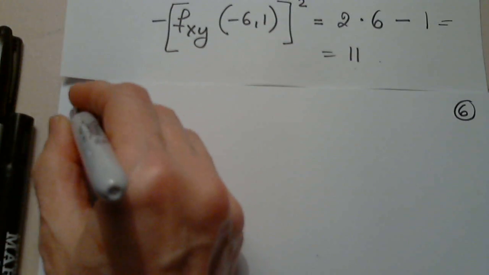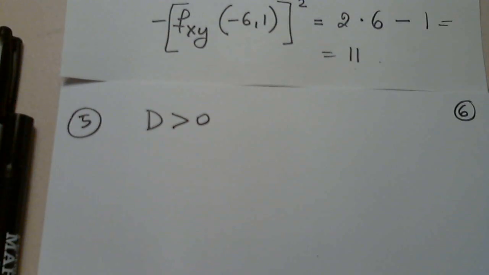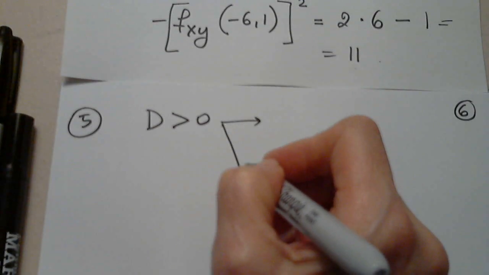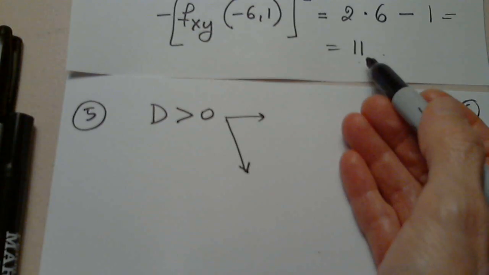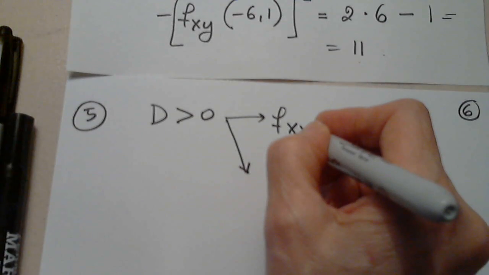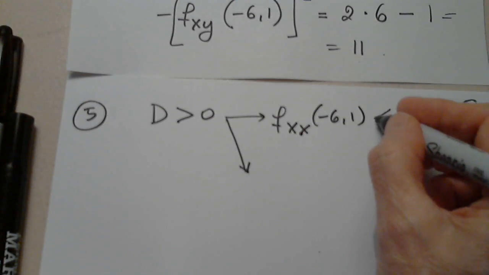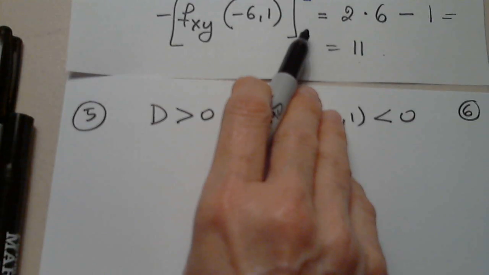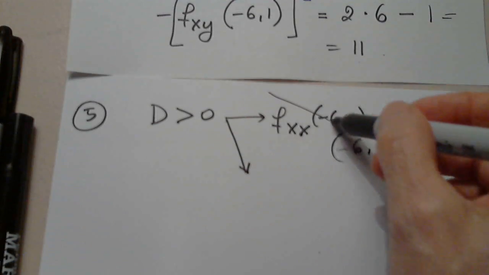Okay, in number 5. If D is positive, then I have to look at two different things. And D is positive in this case because it's 11. Then I have to look at two things. If fxx at negative 6, 1 is less than 0, which is not in this case, negative 6 comma 1 will be a max, but it's not in this case.